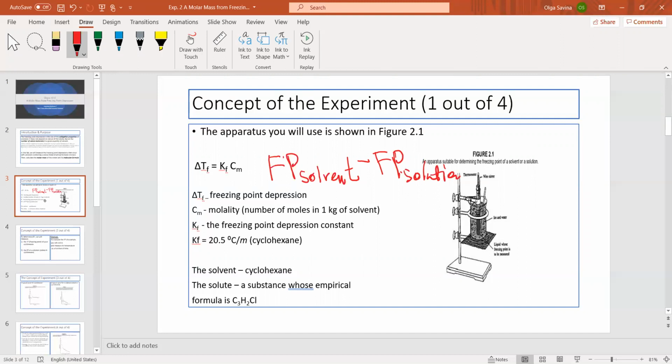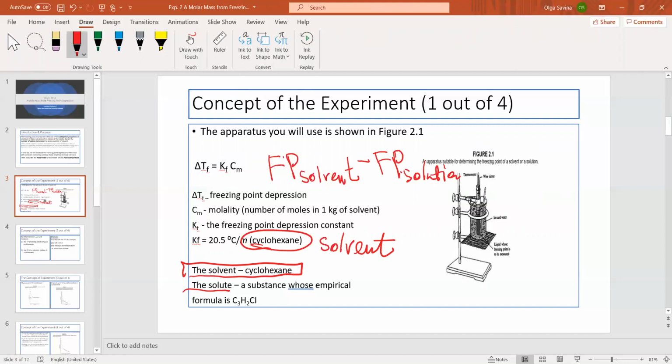Cm is the molality of our solution, which is defined as the number of moles of solute in 1 kilogram of solvent. Kf is the freezing point depression constant, and for cyclohexane, which is our solvent, it is 20.5.